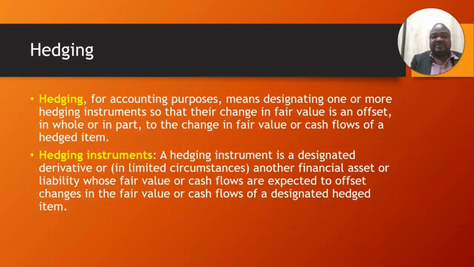Hedging instruments. A hedging instrument is a designated derivative or, in limited circumstances, another financial asset or liability whose fair value or cash flows are expected to offset changes in the fair value or cash flows of a designated hedged item.